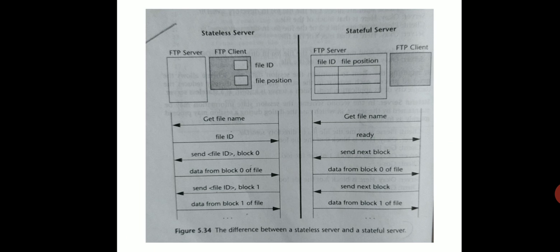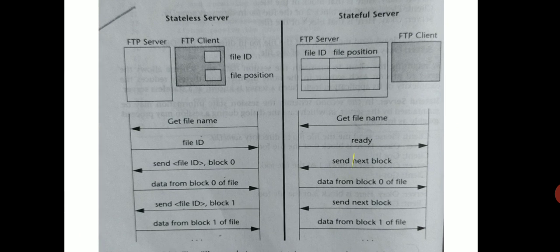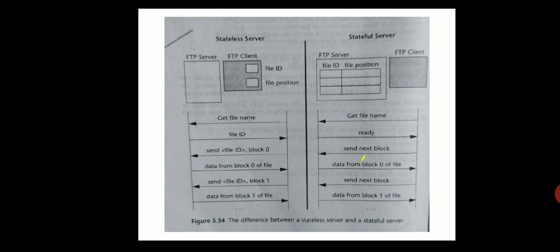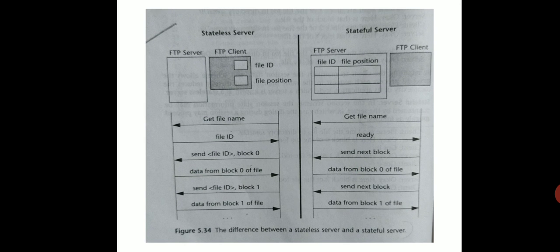See, this diagram shows the difference between stateless server and stateful server. The first one, the stateful server. Here we have FTP server, FTP client, file ID, file position. It is a stateful server because file ID and file position are maintained by the FTP server.